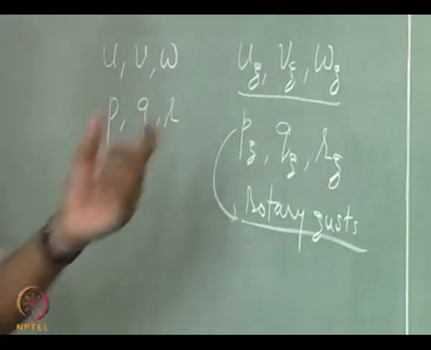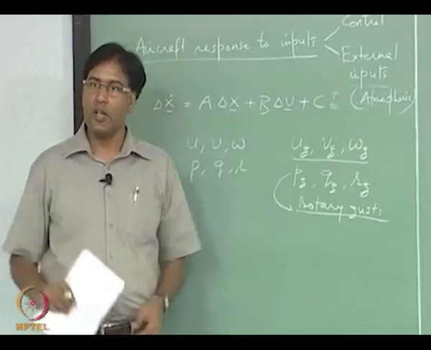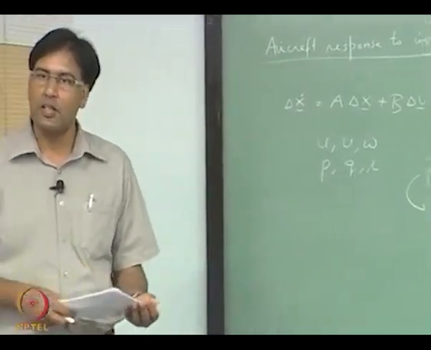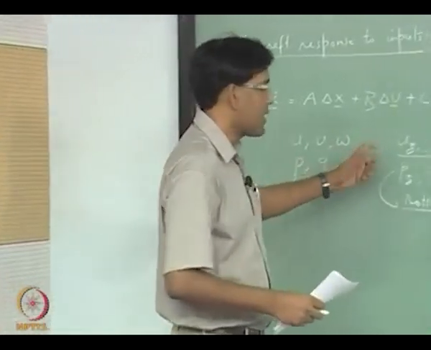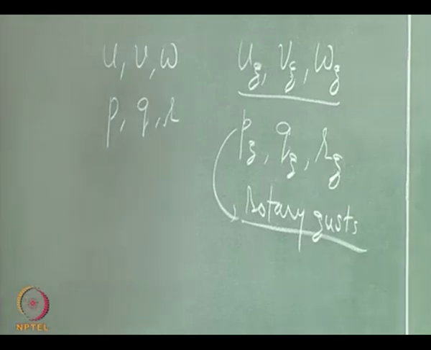We'll look at that, right. I am going to take this gust as a function of time, right, so that you can differentiate it as many times as you want, right. So we are going to look at temporal variation and also spatial variation, right, both.